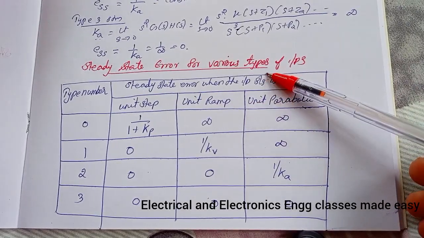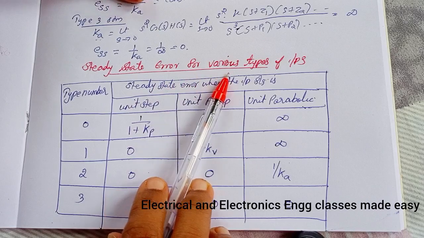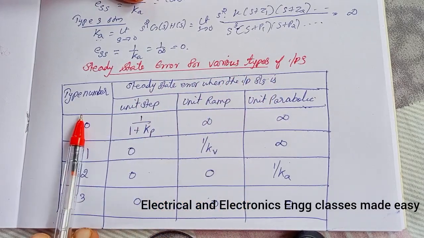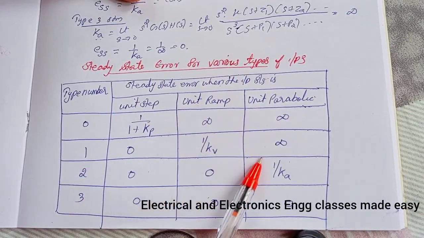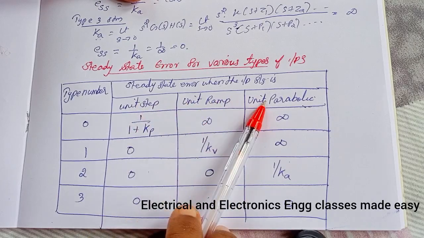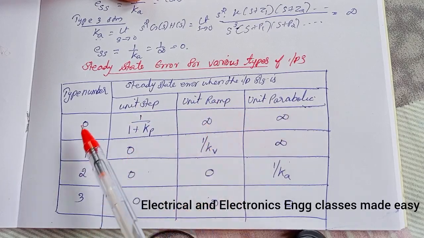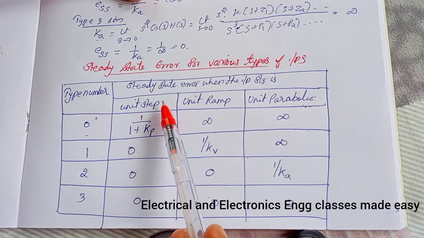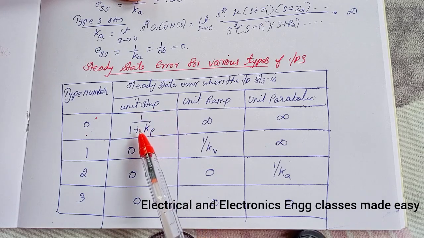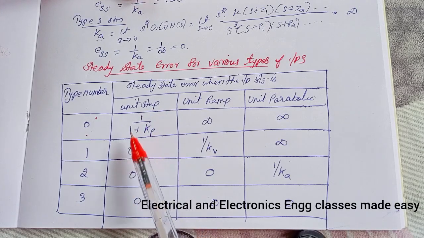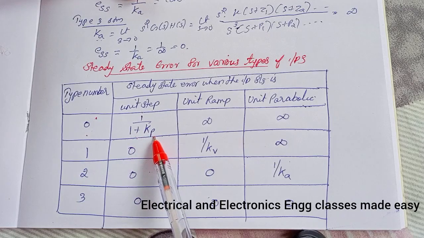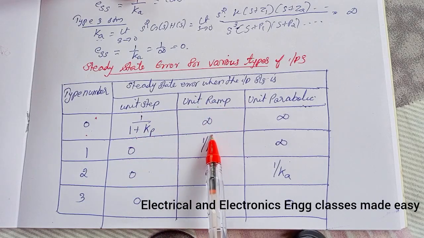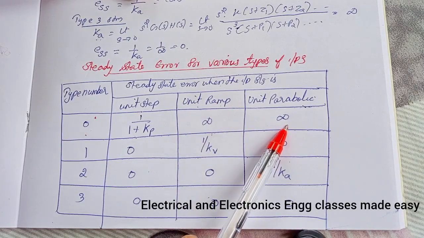And this is the table which describes the steady state error for various types of inputs. So this is the type number, and this is the steady state error when different input signals are applied. So for type number 0, and when the input is unit step, the steady state error is 1 divided by 1 plus Kp, and when unit ramp signal is applied ESS is infinity, and for unit parabolic signal infinity.